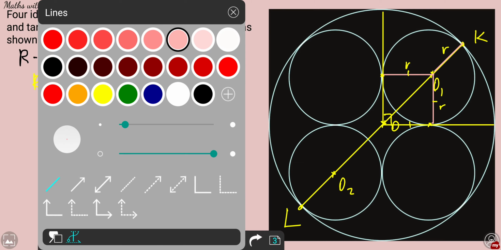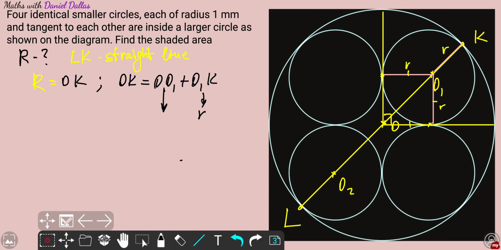Let's have a look at how it can be done. I just put this triangle nearby and we arrange this triangle separately. So this is OO1, the hypotenuse in this case. We have an isosceles triangle which is right angled, because the radius is perpendicular to the tangent.